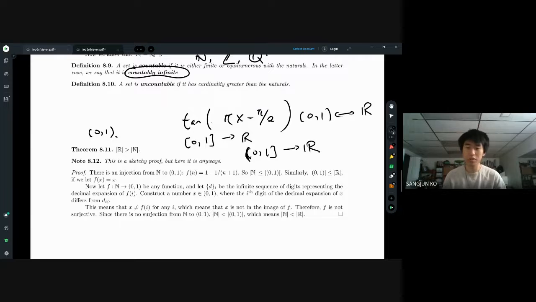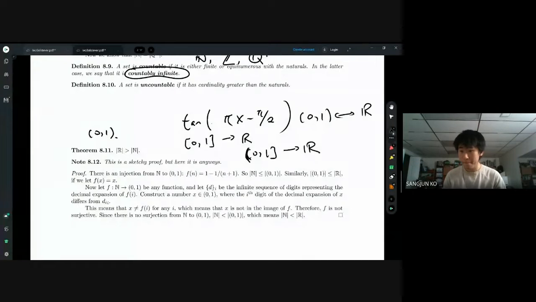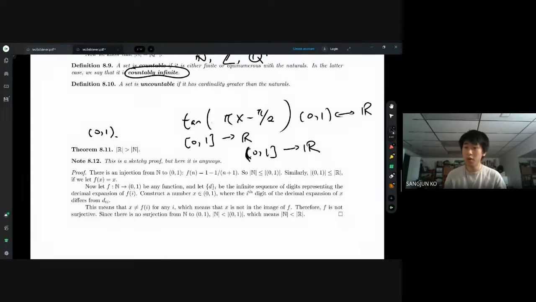Okay, can you think of anything? Do you have any ideas about how you can produce bijections from the closed and bounded interval [0, 1] to R, or the half-open, half-closed interval [0, 1) to R?